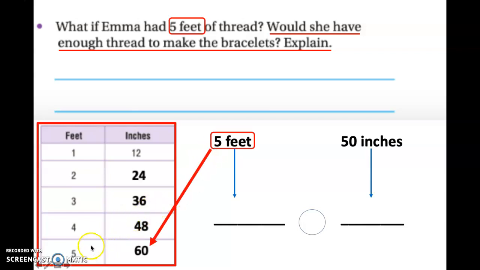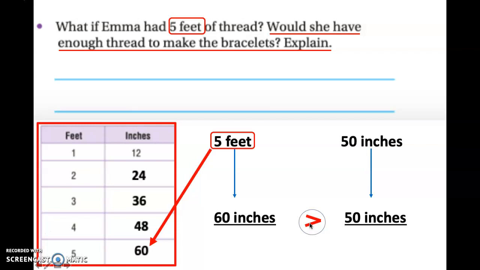I have it on my chart. 5 feet is the same as 60 inches, or 5 times 12, which is 60. Since I already have it in inches, I can bring down my 50 inches. Now I need to compare 60 inches compared to 50 inches. I know that 60 is greater than 50. So I'm going to put my greater than symbol.